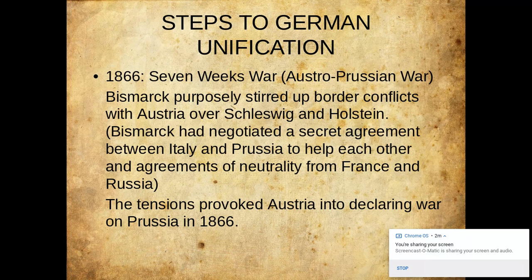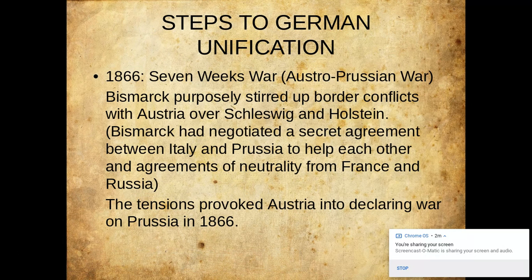Bismarck used that to his advantage. Again, brilliant: he negotiated in secret behind closed doors to make an alliance with Italy, as well as get promises from France and Russia that they would not intervene in the war.